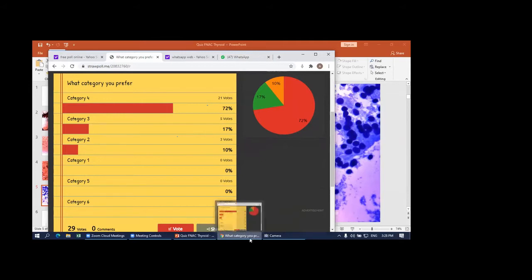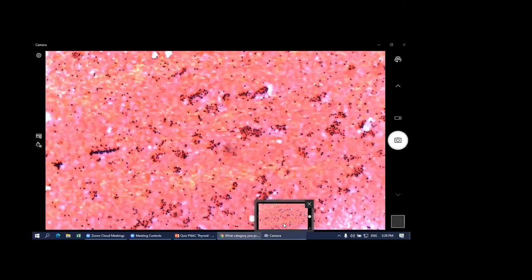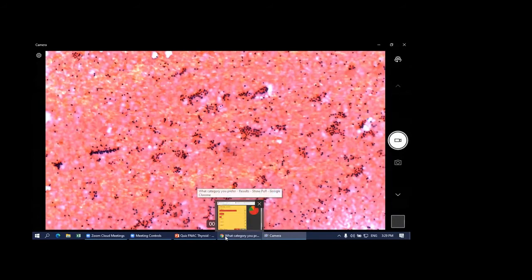So basically in this case, there is also no follow-up histo, but I also agree that this is a category 4 SFN. All right, we go to the next case.